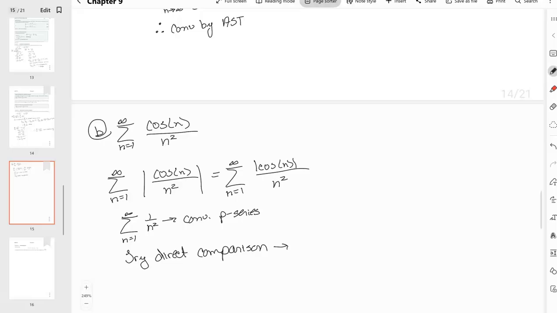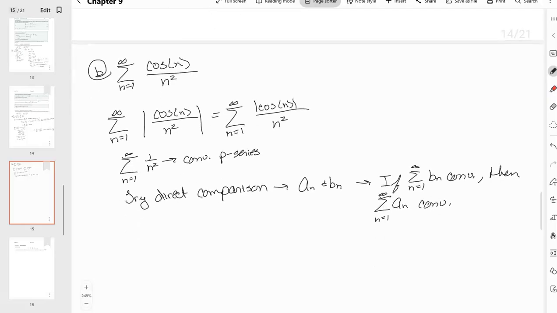So the direct comparison test says that if a sub n is less than or equal to b sub n, and all the terms are bigger than 0, which I'm not going to write, then if the sum from n equals 1 to infinity of b sub n converges, and we picked our b sub n, then the sum from n equals 1 to infinity of a sub n has to converge also.